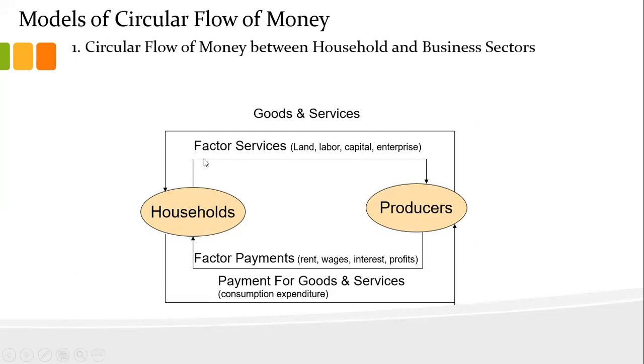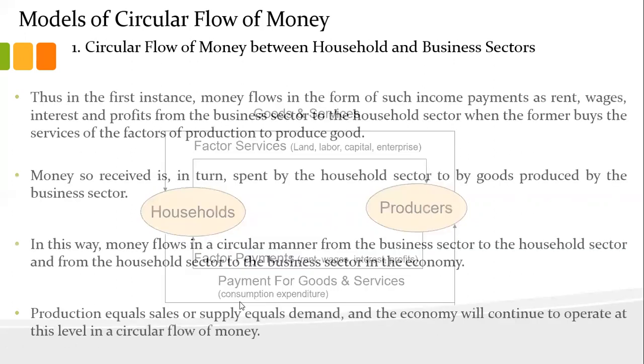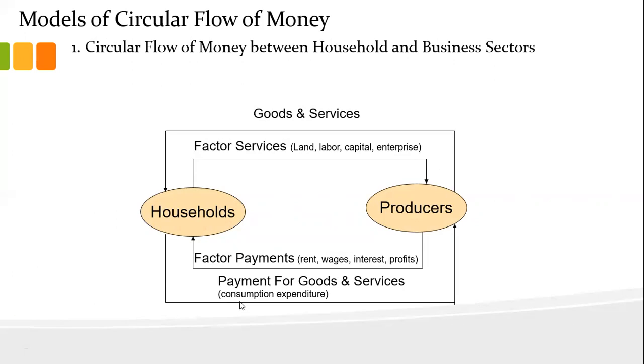Upside we are showing goods and services, and payment for goods and services, but another name is consumption expenditure. From the consumption of goods and services, the producers will get money. So money will circulate from household sector to producers. One way circulation happened.